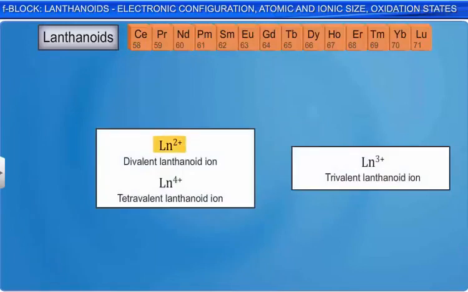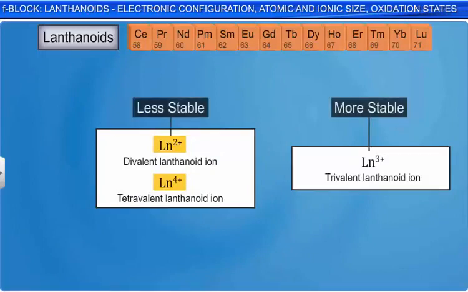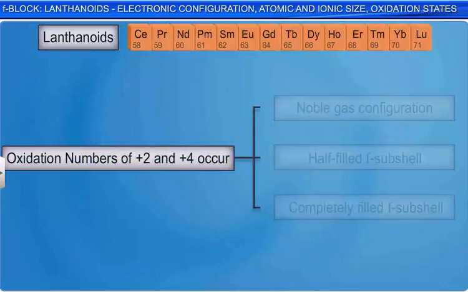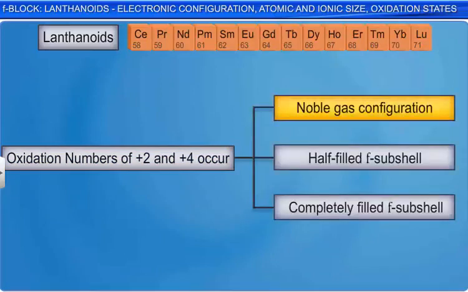The oxidation numbers of +2 and +4 do occur, particularly when they lead to a noble gas configuration, a half-filled f subshell, or a completely filled f subshell. An example of the first case is the cerium 4+ ion.